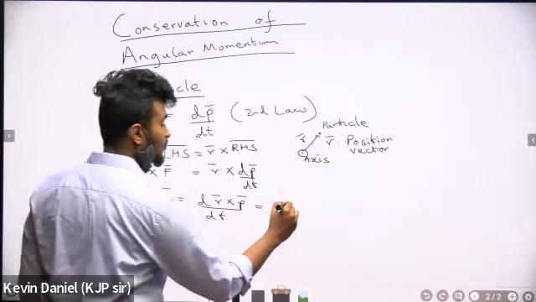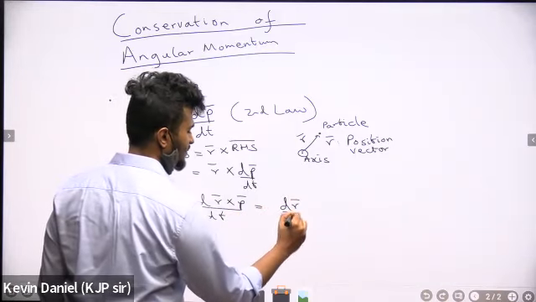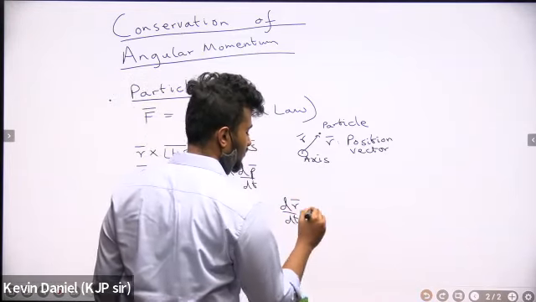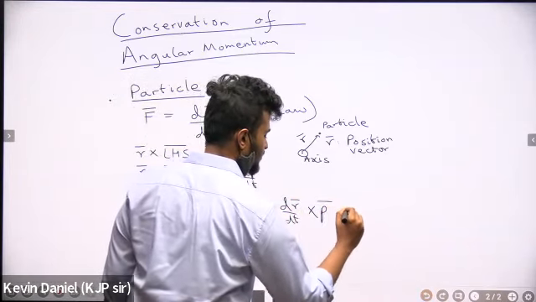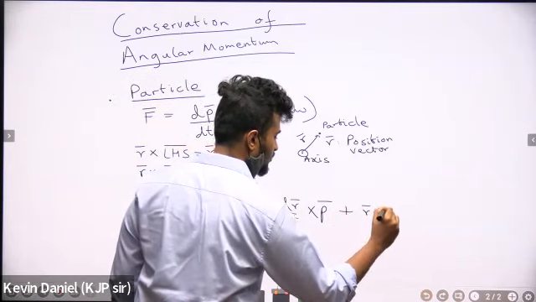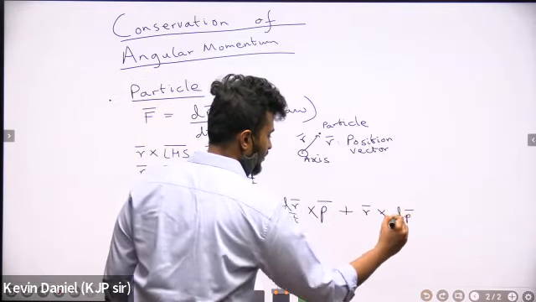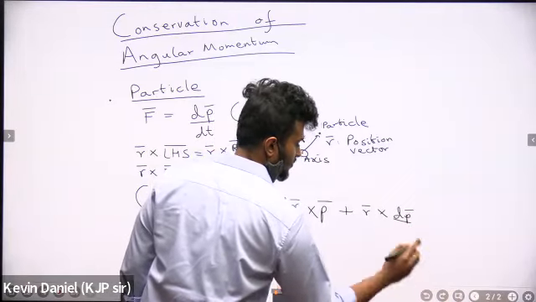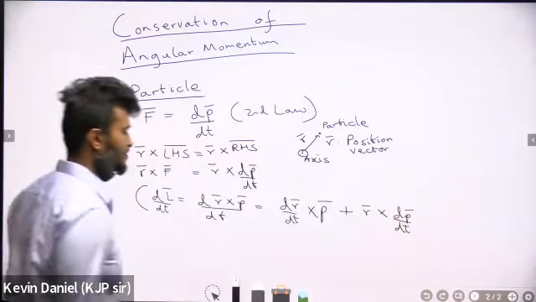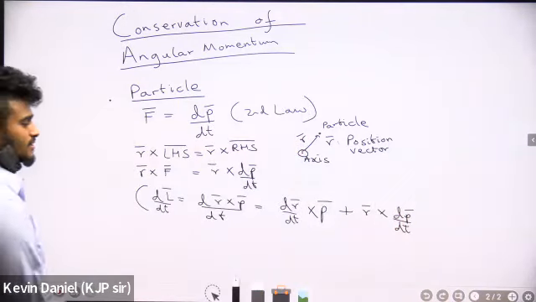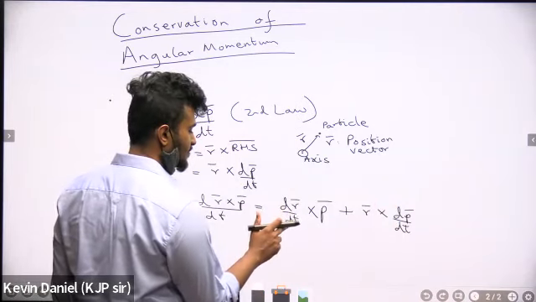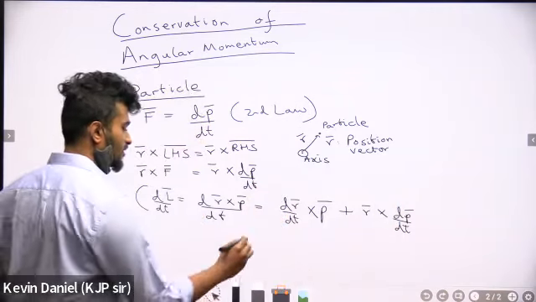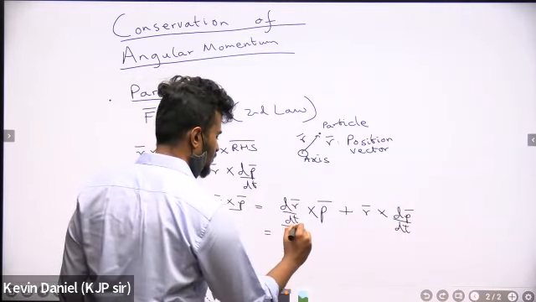What will the product rule say? It will say dr by dt cross P, plus R cross dP by dt. Now look at this term. What is dr by dt going to be? Velocity. So what will happen to velocity cross linear momentum?